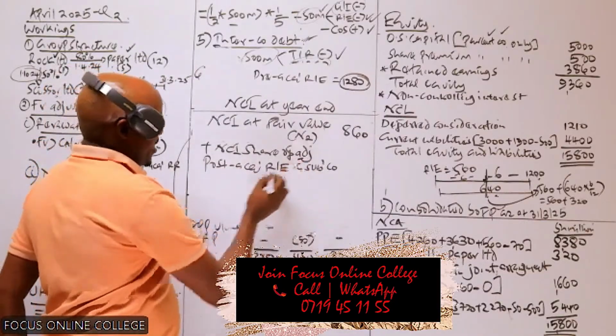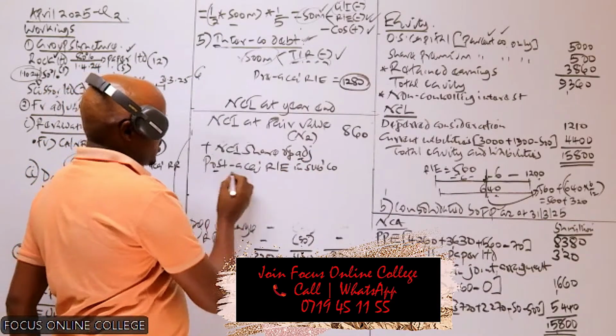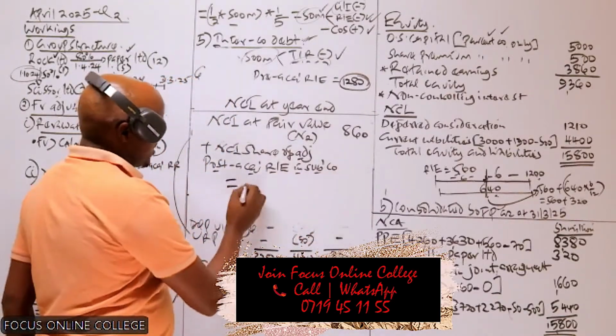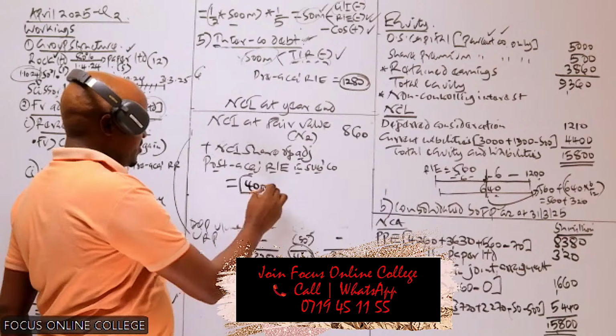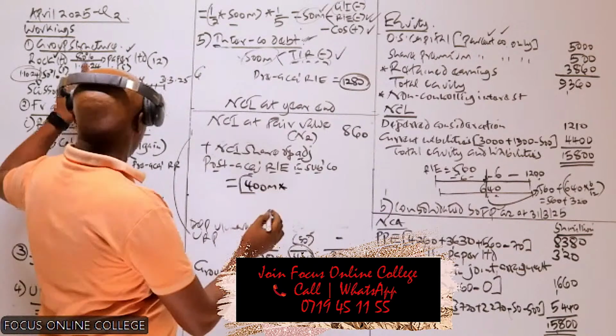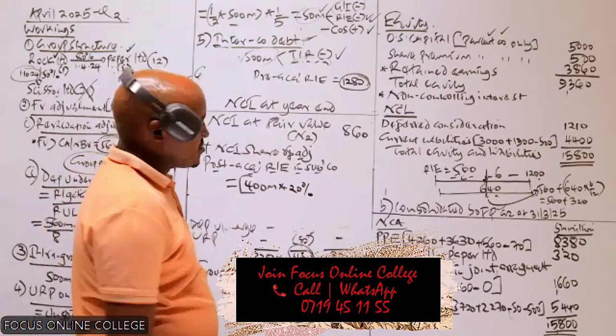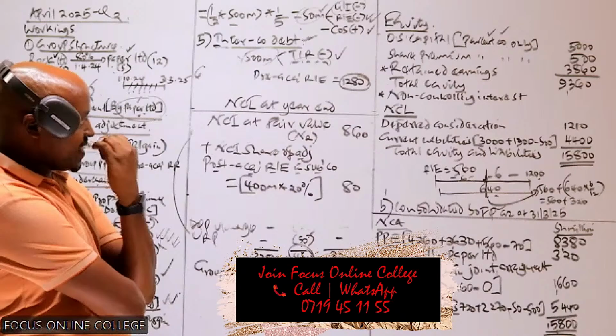So where do we have this figure? The adjusted post acquisition retained earnings of the subsidiary. So that is basically the figure which we have here. The NCI share of this will be 20%. 20% of that will give us what? It will give us 80.